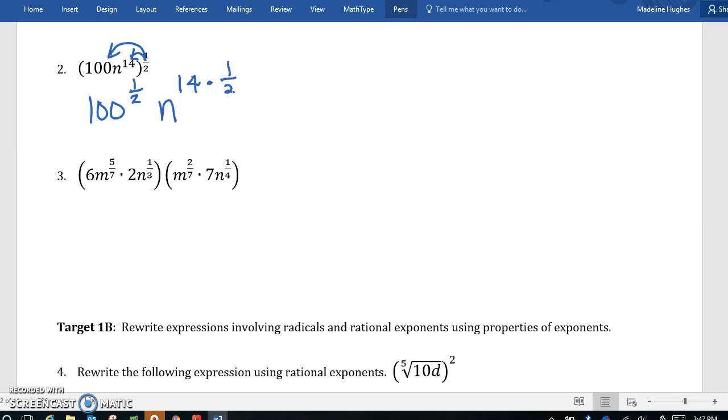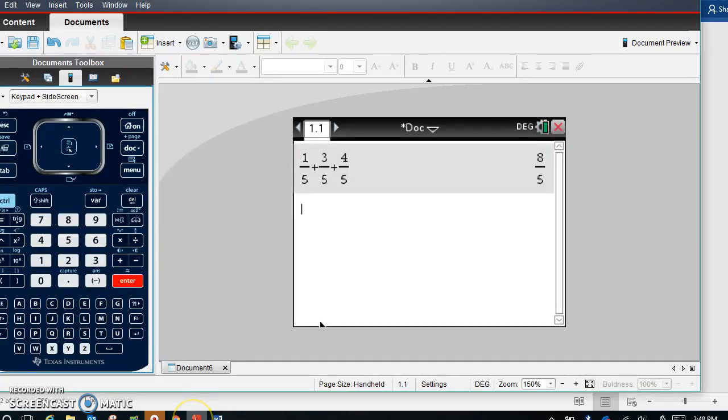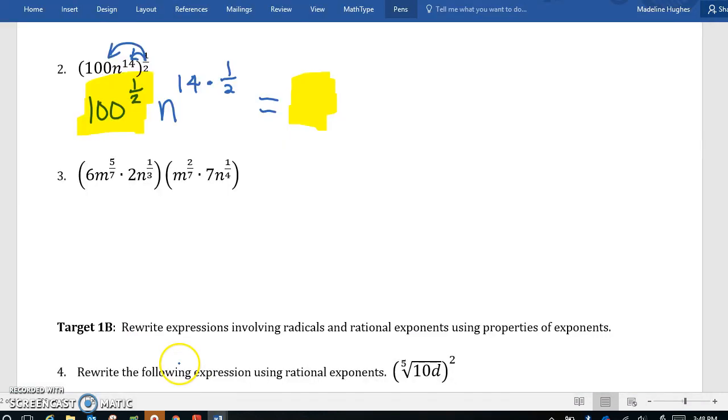So in my calculator, I'm going to put 100 to the 1/2 power, and I'm going to write it over here, highlighted in yellow. So I put that on my calculator, 100, the arrow up, and then 1 divided by 2, that's the same thing as 1/2. Enter, I get 10. Over here, 10.